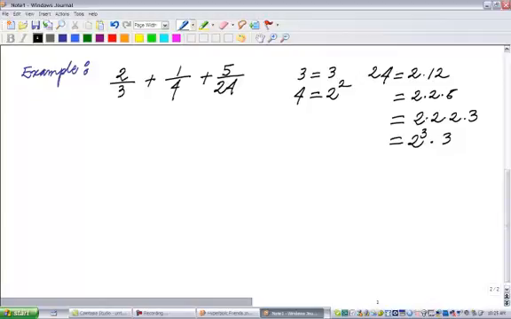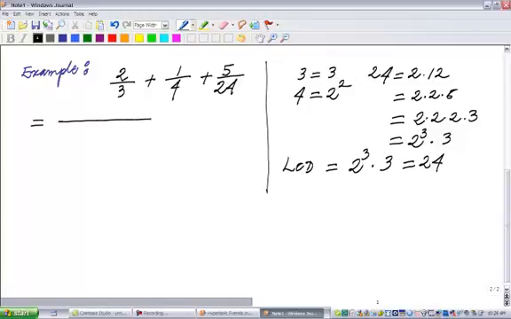So the LCD here would be: the highest power of 2 is 2 cubed, and the highest power of 3 is just 3. So that's 24. So my common denominator here is 24. So I'm going to write 24 here.